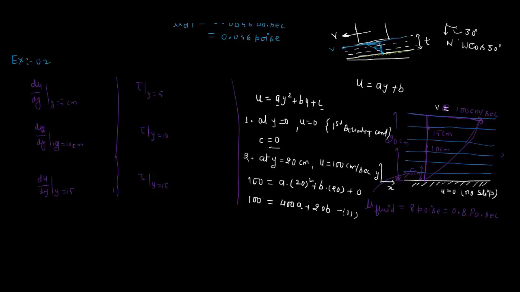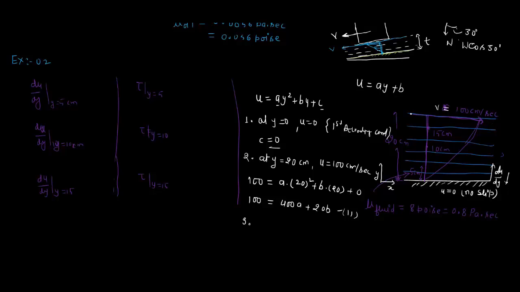In this equation we have two unknowns, that's why we require a third boundary condition. So what is the third boundary condition? As in our previous discussion, as we move from the solid to the top layer, du upon dy is decreasing.